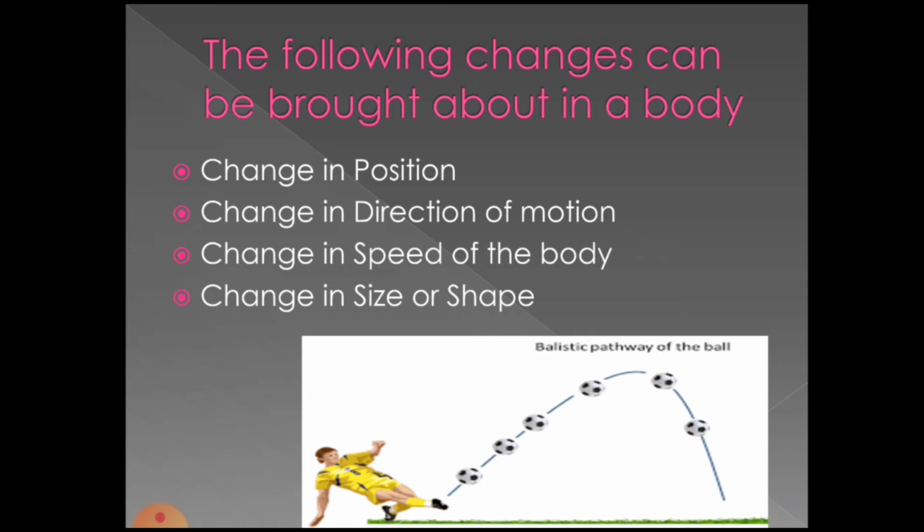Its direction changes continuously, the speed of the ball also changes, and its position also changes. So you may be able to bring about either one of these changes or some of them together, like position, direction and speed, all together, when we apply a force.